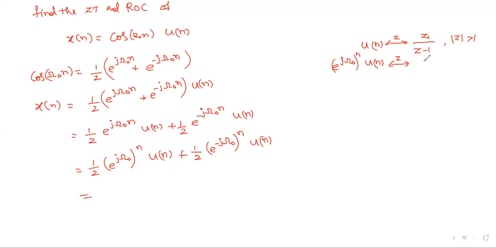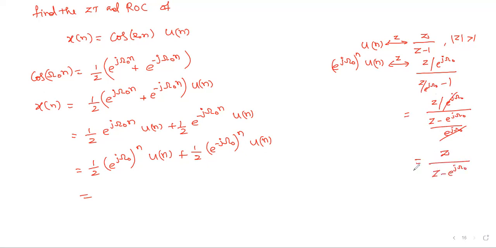That means this will become z by e power j omega naught divided by z by e power j omega naught minus 1. So now how much will we get? Z by e power j omega naught divided by z minus e power j omega naught by e power j omega naught. E power j omega naught cancels, and we get z by z minus e power j omega naught.